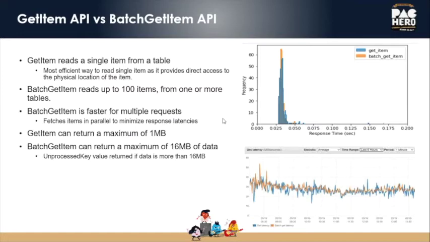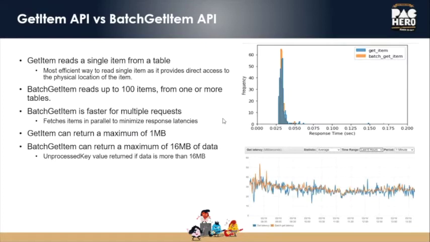Next bit is again related to network utilization. You've got a 1 megabyte limit on the data that GetItem will return, and 16 megabytes of data that BatchGetItem will return. In case you've got more than 1 megabyte or 16 megabytes of data, you'll get an attribute called UnprocessedKeys in your response, which tells you there's more data you still need to get, so you'll need to make another call.